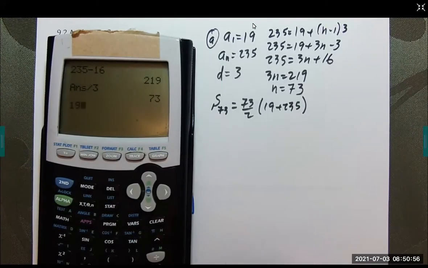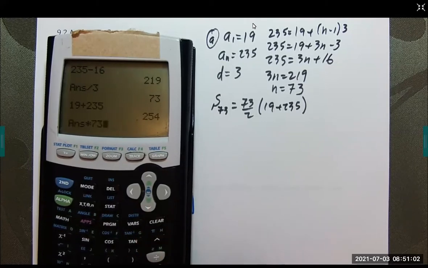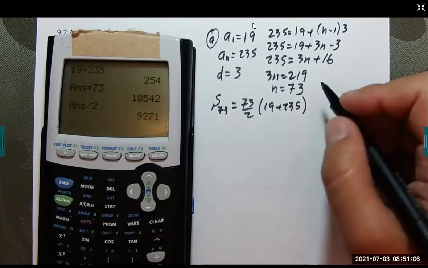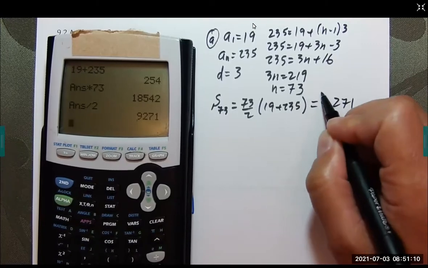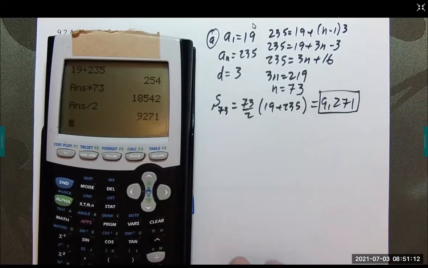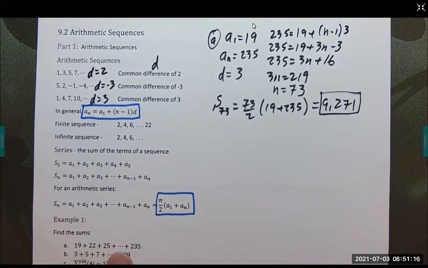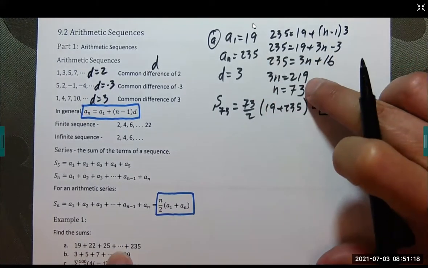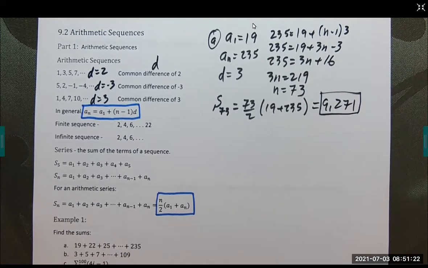So 19 plus 235 times 73 divided by 2. There we go. 9,271. So adding up all of these terms, all 73 of them, we're going to get 9,271.